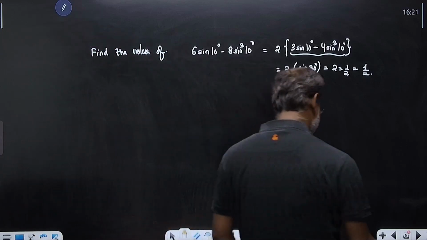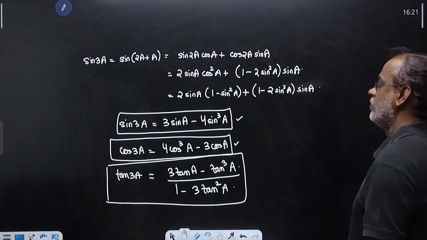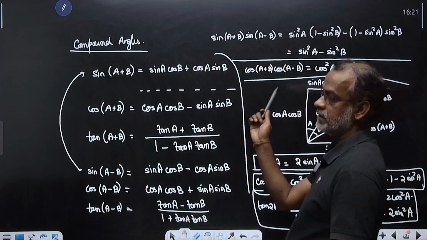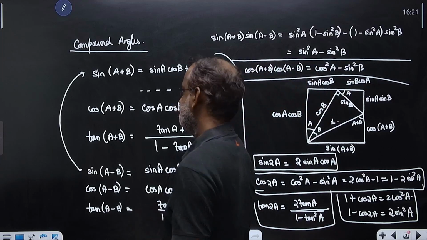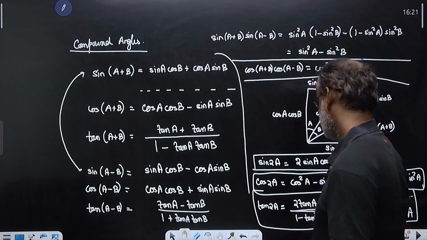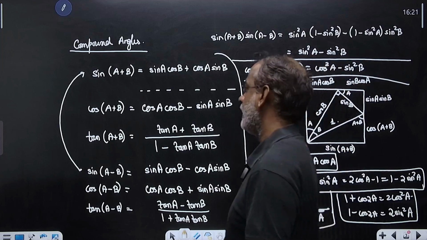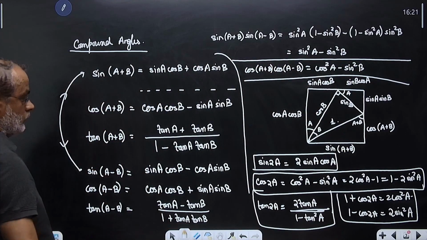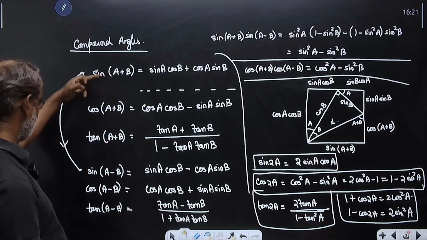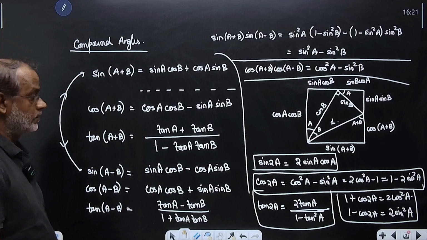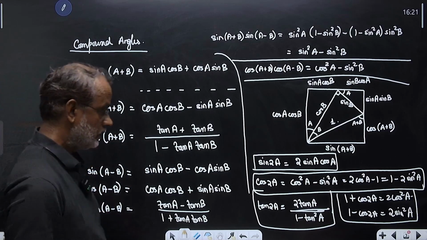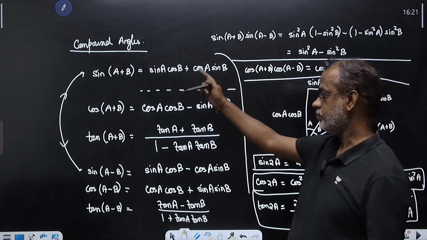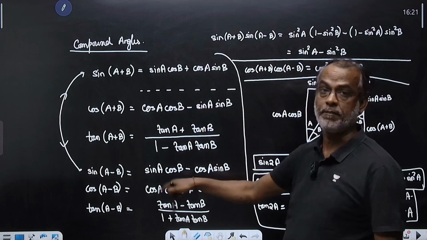Some more formulae that we need to know are formulae from this point. This is sine A plus B is this. Now, if we add these two, 2 sin A cos B, sin A plus B plus sin A minus B. Product to sum. If we subtract, here also you can add and subtract.